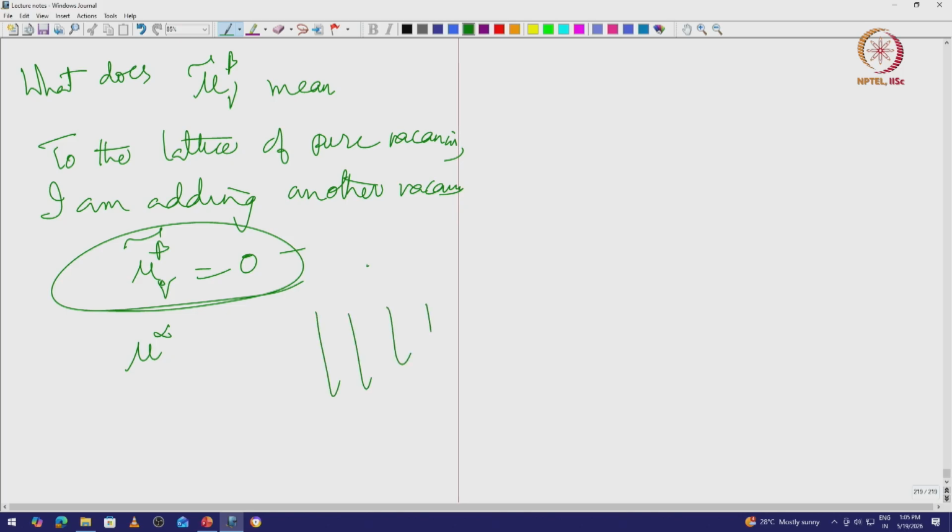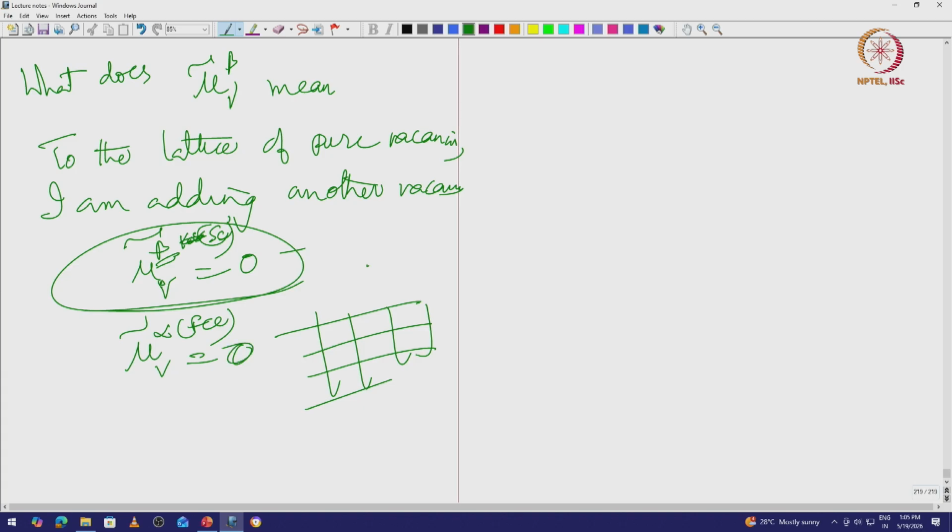I have a lattice, I can define a lattice as an arbitrary construct, and instead of putting beta in a simple cubic crystal, I am putting the lattice of an FCC, and putting vacancies on all sites of the FCC lattice, right. So essentially the lattice is a construct and I am putting nothing on the lattice, and I have to add nothing to nothing, so that is also 0.